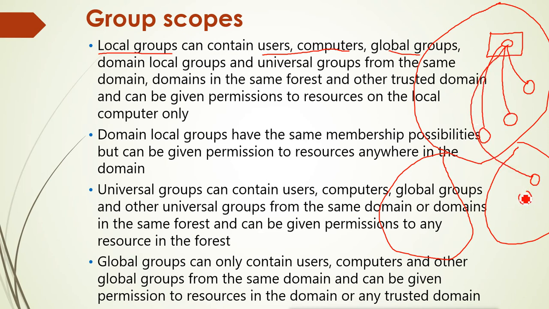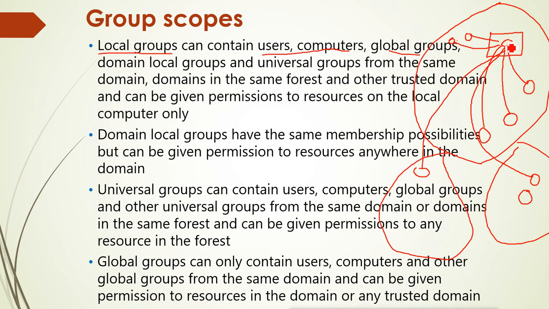If we have created any universal group in the other domain, it can also be a member of this local group. Then if we have user accounts created in the domain, they can be members. If we have computer accounts, they can also be members of this local group.